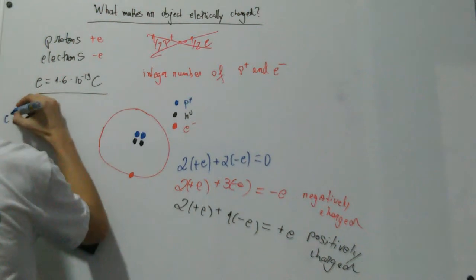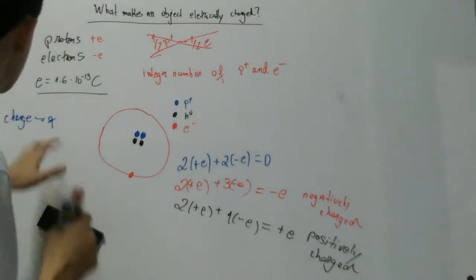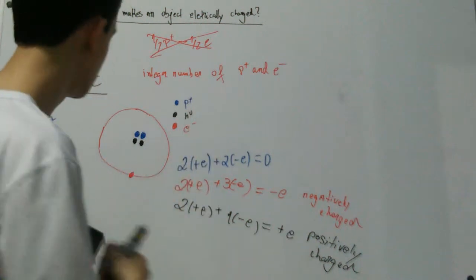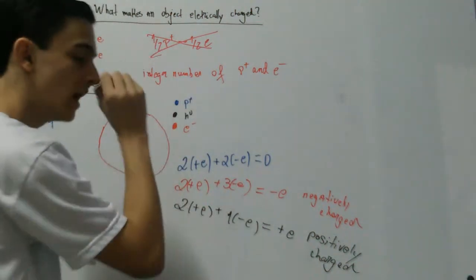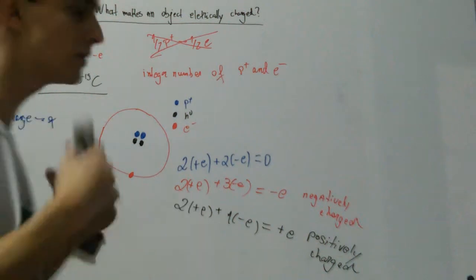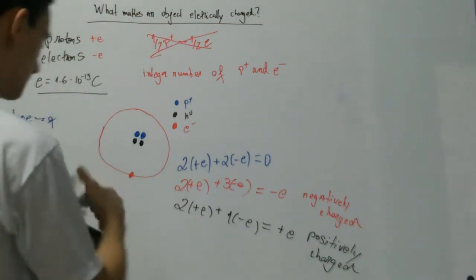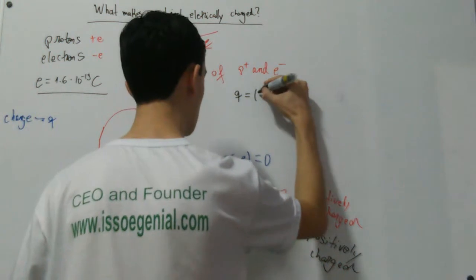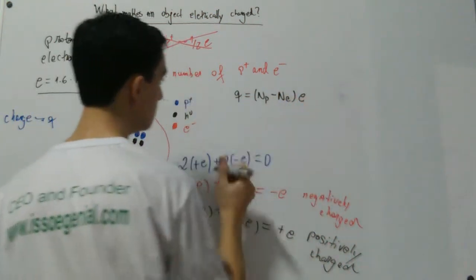Let's call the charge of an object Q, and we relate this Q with the fundamental charge E. As we saw, the charge is always an integer multiple of E, because if you always have integer numbers of protons and electrons, the charge of an object is always going to be an integer multiple of E. So we have this equation: Q, the charge of something, is the number of protons minus the number of electrons, all multiplied by E. And this is our equation.